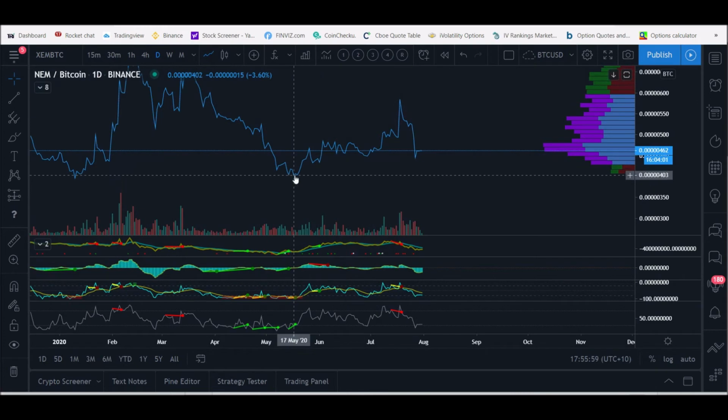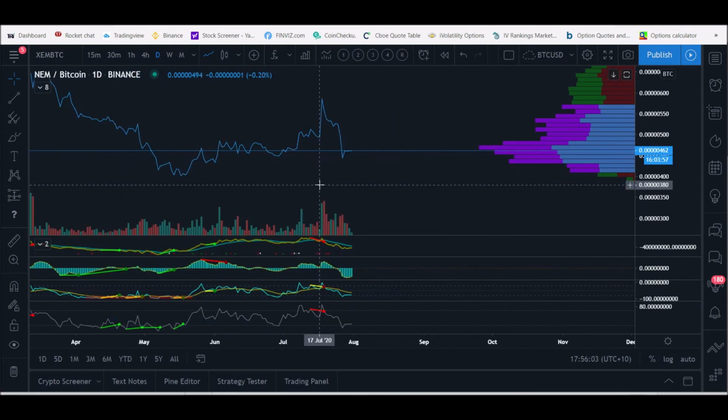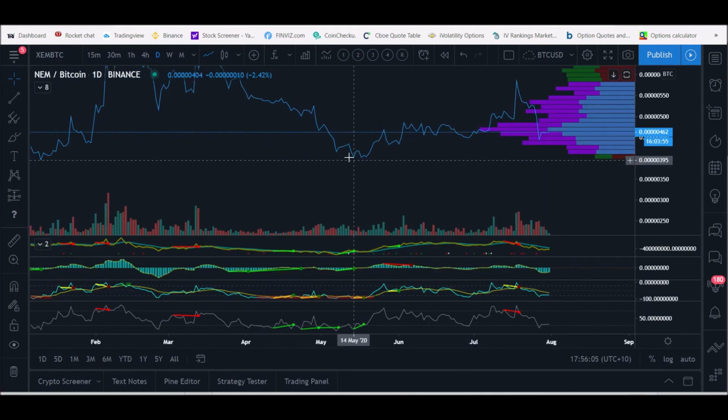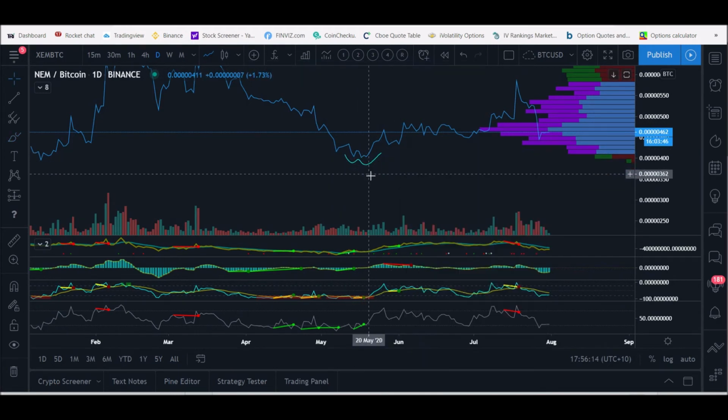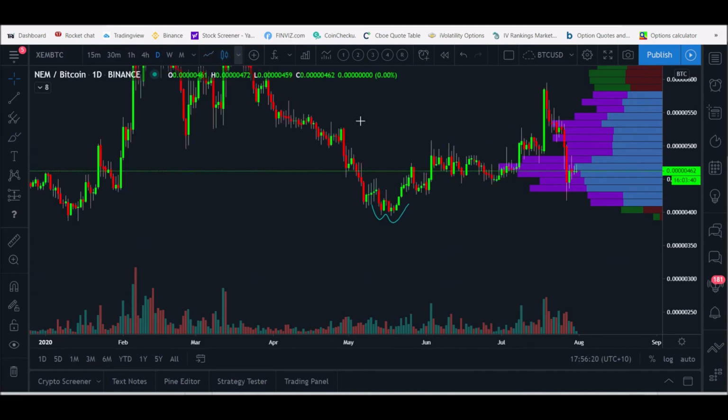Like you can see this nice little W that came in here that marked the bottom. Actually, it's a W within a W. So you'll see this as a W, that'll be a W there, and you can see this little W here. So that's a W within a W, which was actually quite a nice little trade setup there.